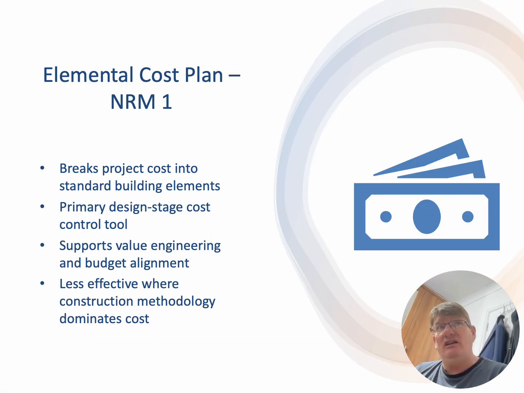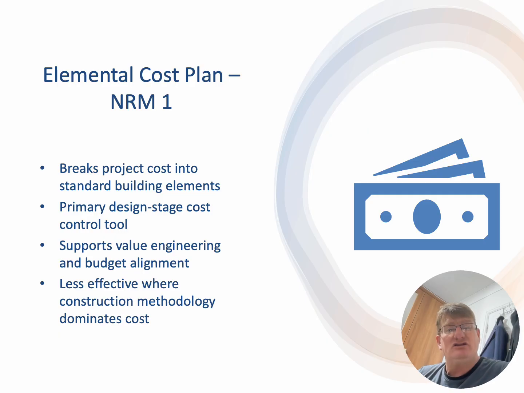The next one, you've got a little bit more information, and it's an elemental cost plan, based on those 13 elements, which you can break down into sub-elements, which you can break down into components, which you can break down into sub-components. But fundamentally, it's based on those 13 elements, and it breaks the project cost into standard building elements.